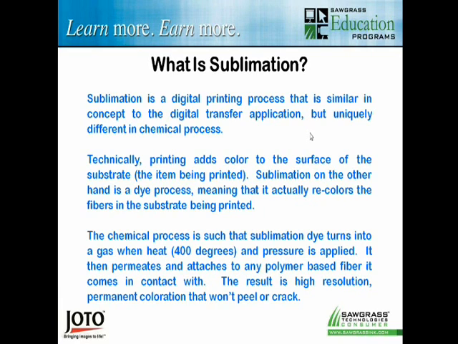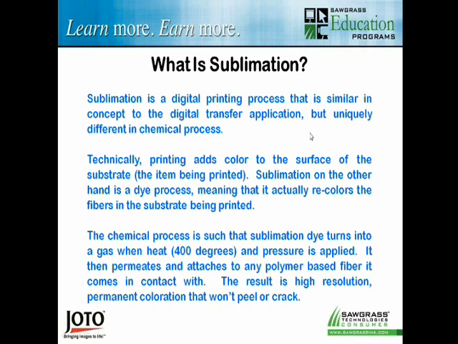Typically, when we're talking about true printing, we're talking about applying an ink to the surface of an item that you're decorating. With screen printing, it's very obvious because we have the inks up there on the top, and with direct-to-garment printing and some of the other processes, we're actually applying an ink that's more or less to the surface.